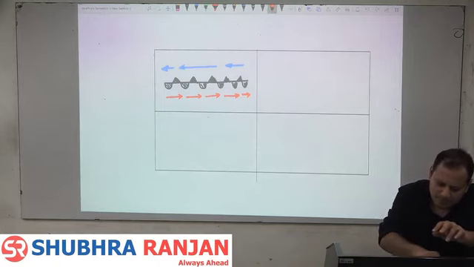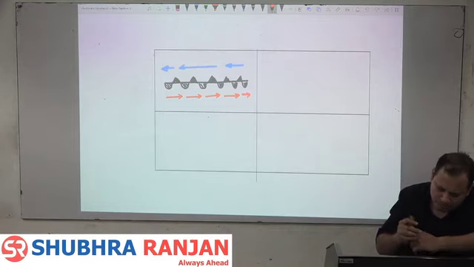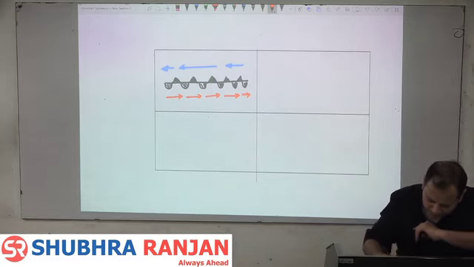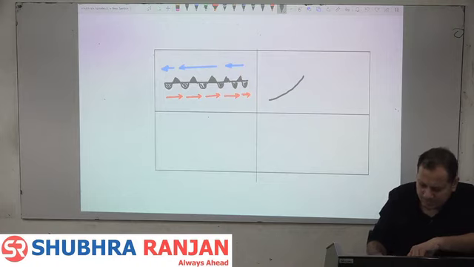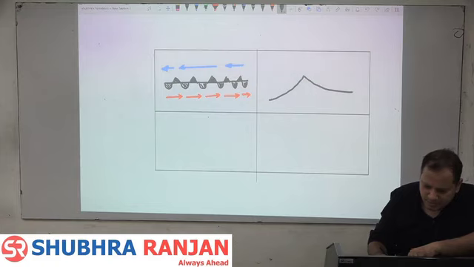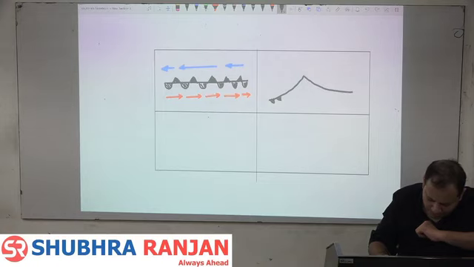Next point. Due to the Coriolis force, the warm and the cold air masses penetrate into each other's territories, forming warm and cold fronts.